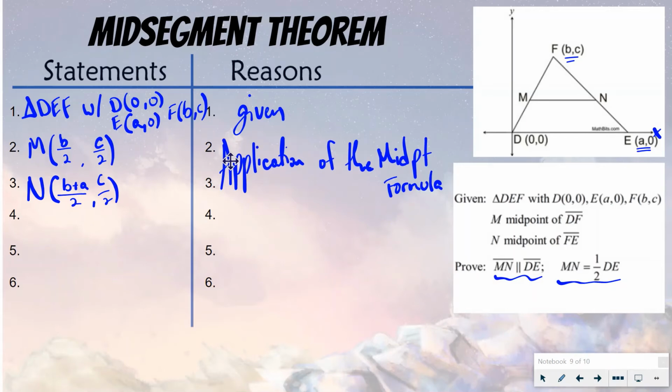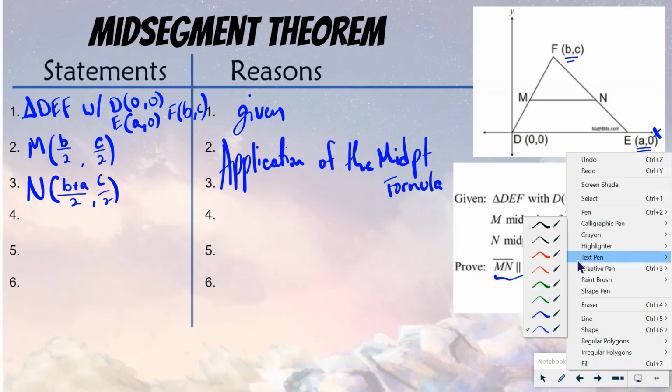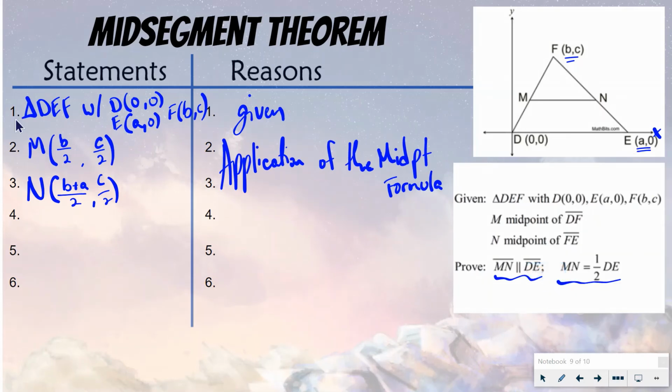And I guess I missed this part of my given statement, that I should have said in my first proof also: M is the midpoint of DF, and N is the midpoint of FE, just so I can apply the midpoint formula to show those coordinates.